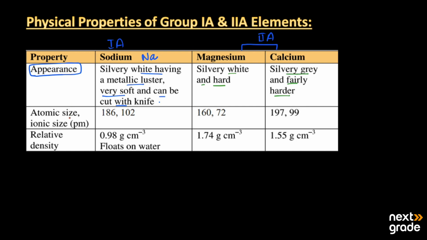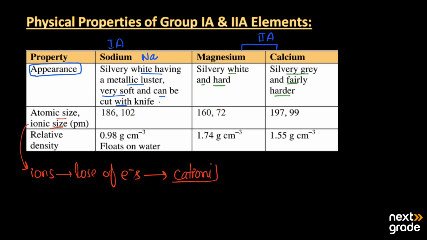Then we have the atomic size or the ionic size. Ionic size we consider because they can be easily changed into ions by the loss of electrons, and by the loss of electrons they change into their cations. Now what will be the size of their cations? The size of the sodium atom is 186 and its cation is 102, the magnesium atom is 160 and then 72 by the loss of electrons.